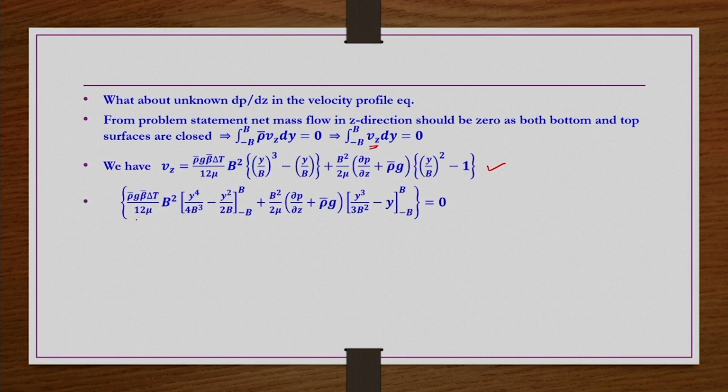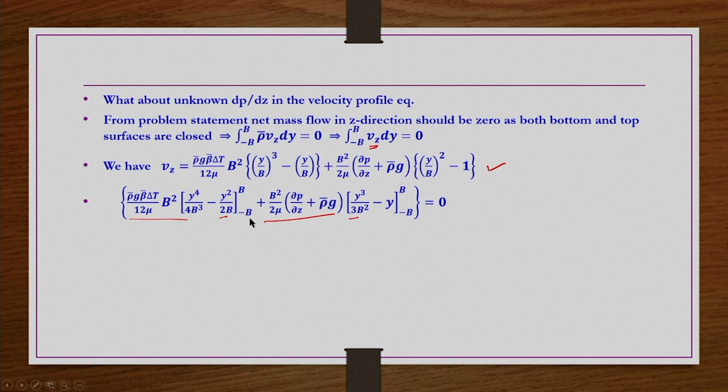When you integrate here, the first term, these are constants, in place of y cube, the integration of y cube is y power 4 by 4, the integration of y is y square by 2, and then the second term, this is constant. So the integration of y square is y cube by 3, and the integration of constant 1 is y.